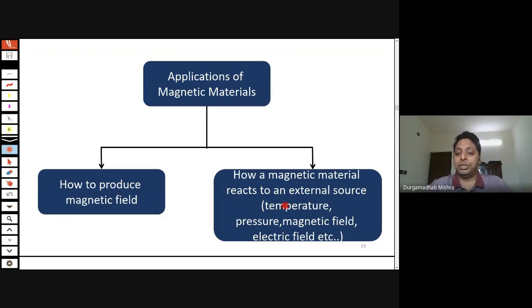Basically, sensors react to how the pressure changes, how the temperature changes, and that way they can measure these things, and you can also see how the magnetic field changes, and so on. So this is a broad division.